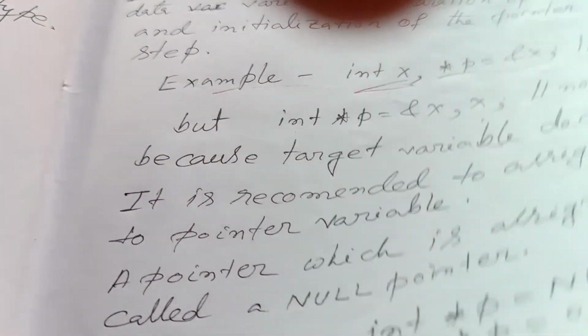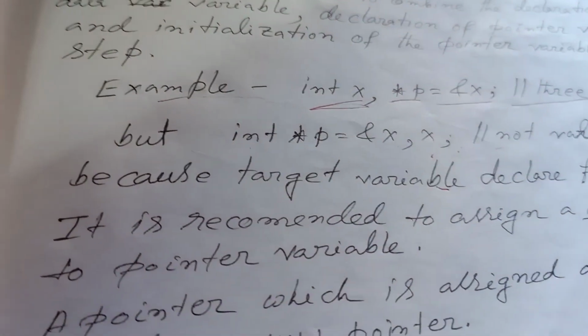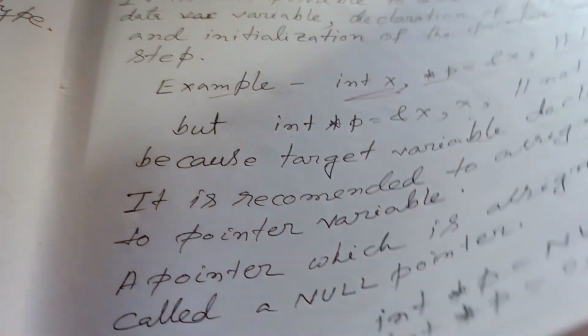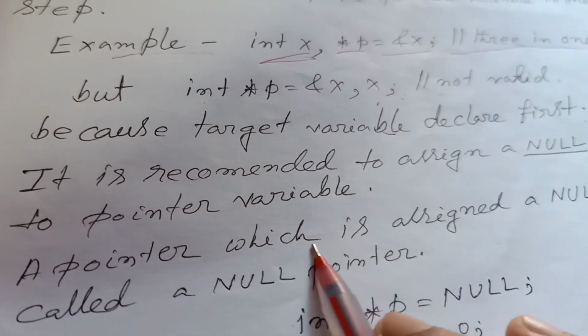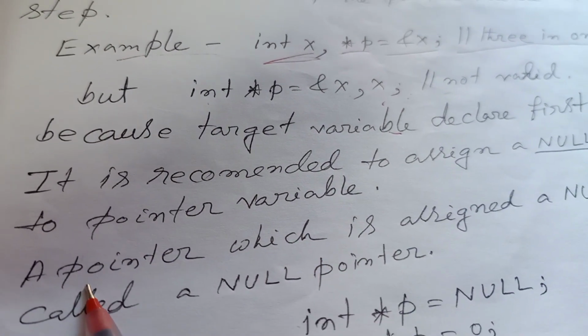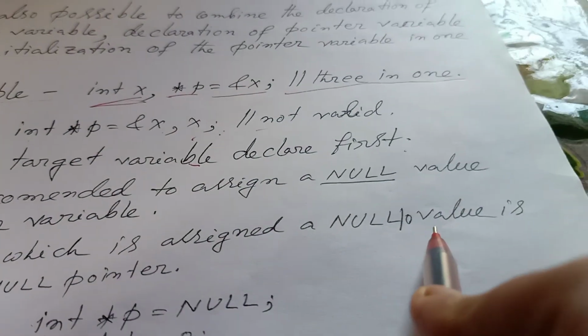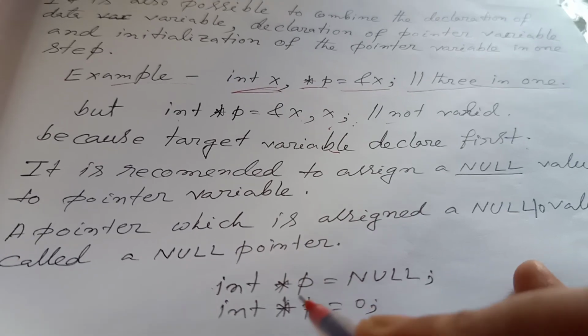Now we discuss the null pointer. What is a null pointer? It is recommended to assign a null or zero value to a pointer variable. So first, define a null pointer. A pointer which is assigned a null or zero value is called a null pointer.